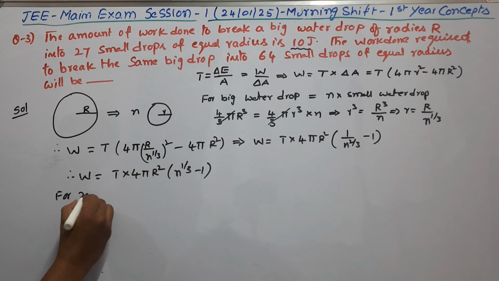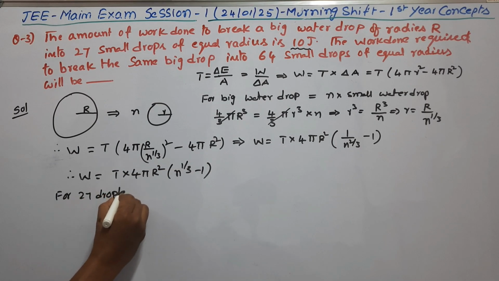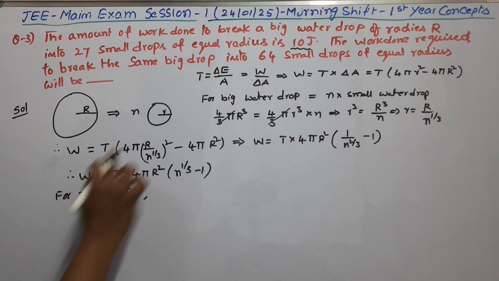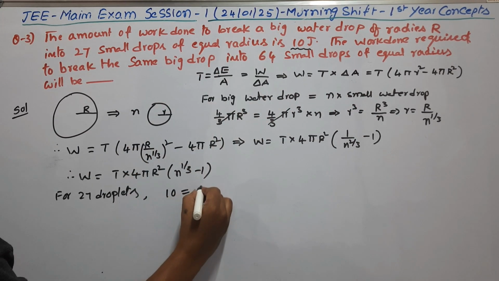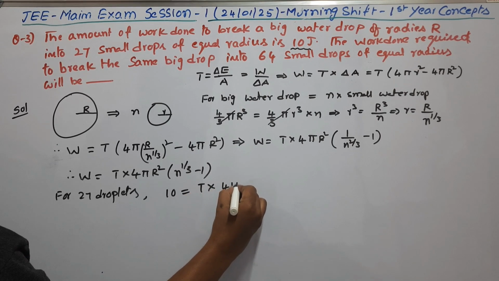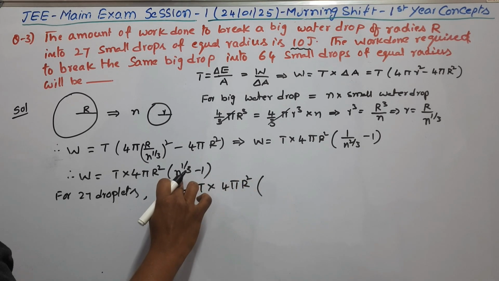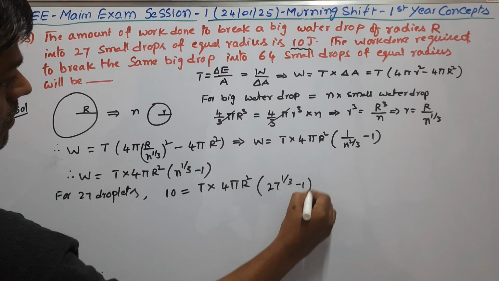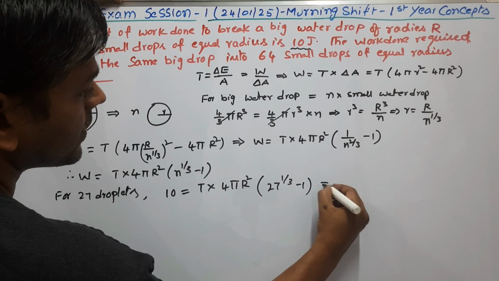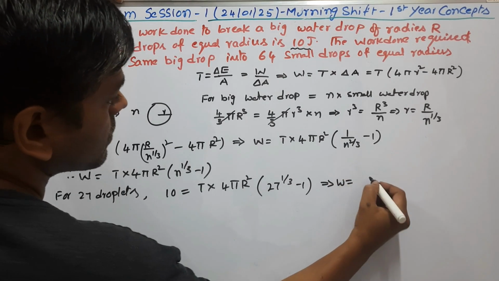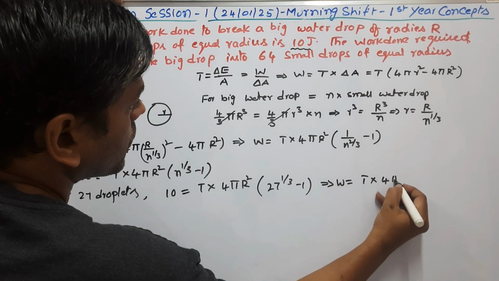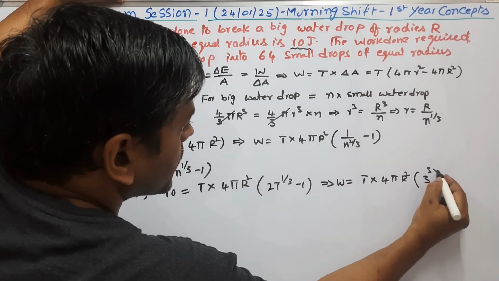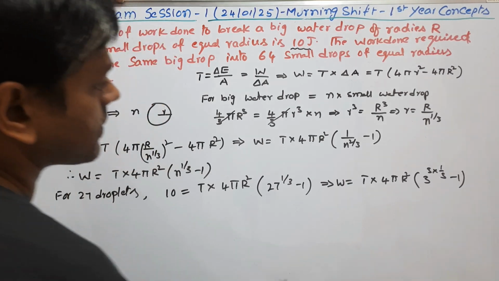So for 27 droplets, 10 is equal to T into 4 pi R square into 27 power 1 by 3 minus 1, that is T into 4 pi R square into 3 cube, power 1 by 3, minus 1.